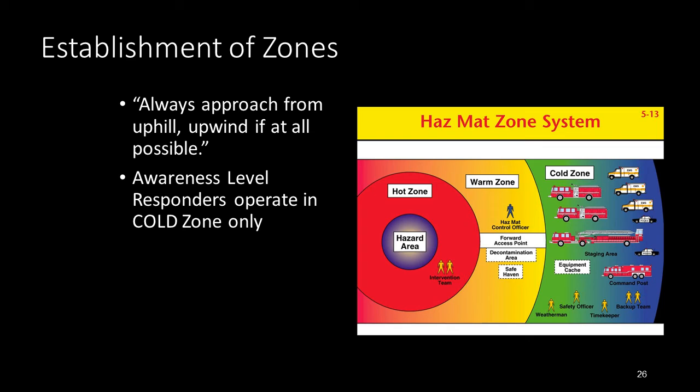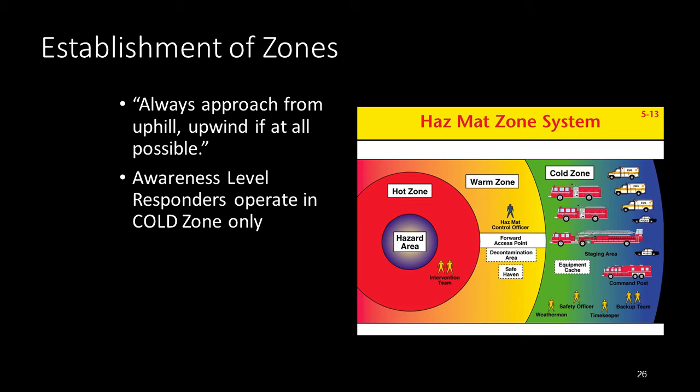So we need to remember that, again, we're approaching from an uphill, upwind environment, if at all possible. And we also need to remember that the awareness level responders are going to be operating in the cold zone only. That's where they're supposed to be located. You've got specialized trained individuals that will enter the hot zone.